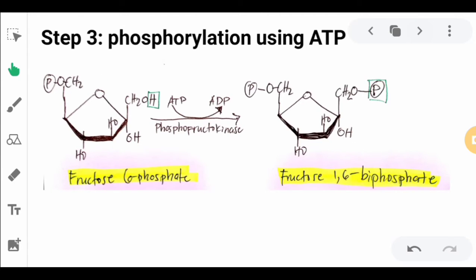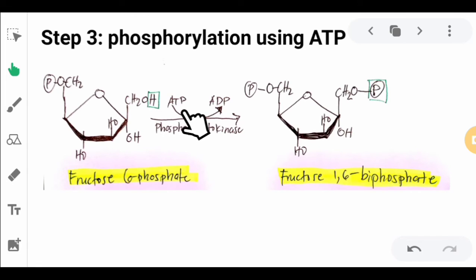The next step is another utilization of ATP. We are using energy and we are not producing energy here. So, phosphorylation using ATP, we will add a phosphate on the fructose 6-phosphate. I outlined it in green here.